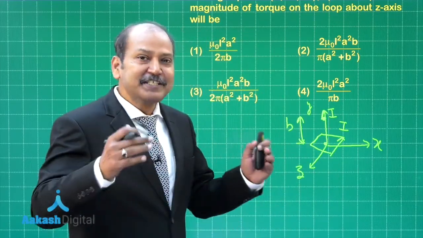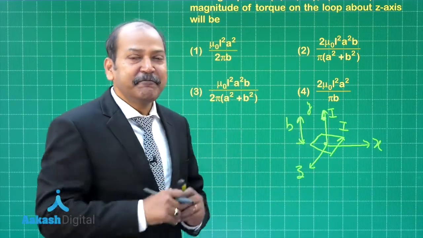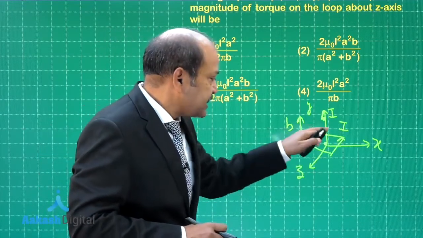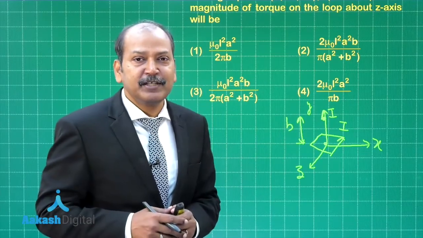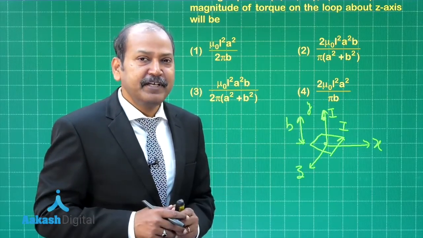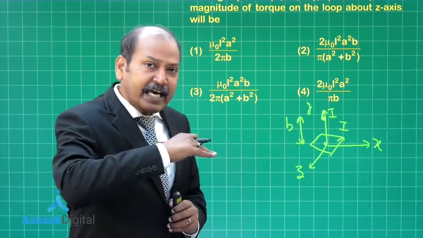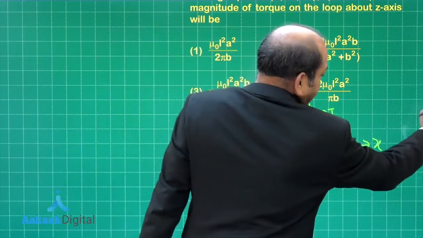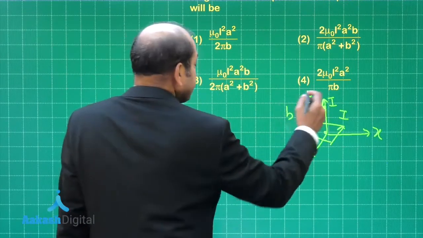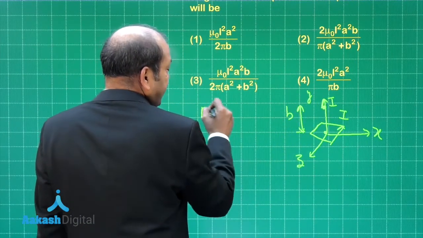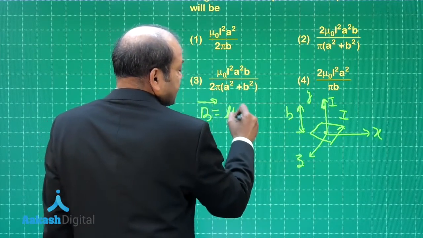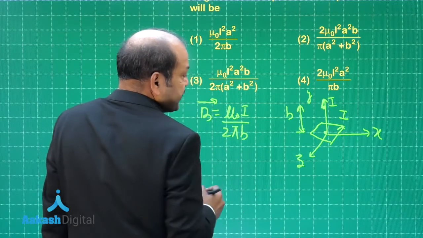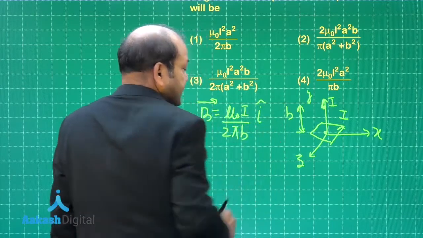Since B is very large compared to A, for the expanse of this particular loop we can take the magnetic field as uniform, directed along the x axis. So, the magnetic field produced by current I is mu naught I divided by 2 pi B, and the direction is along the x axis.